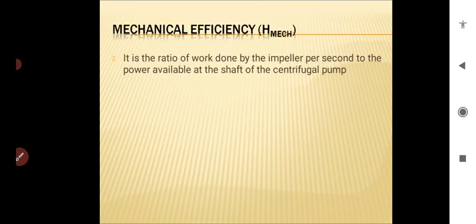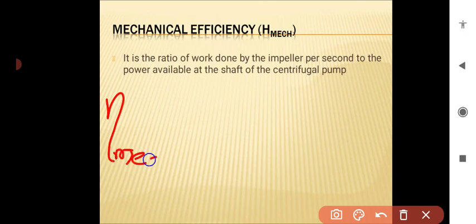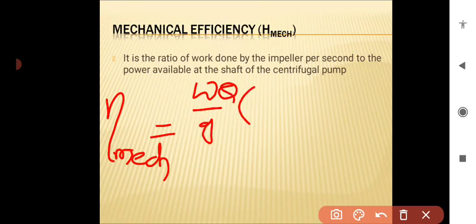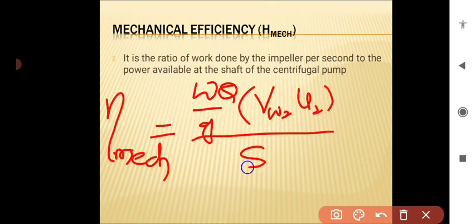And now mechanical efficiency. It is the ratio of work done by the impeller per second to the power available at the shaft of the centrifugal pump. Mathematically, mechanical efficiency is equal to WQ by g into VW2 U2 by shaft power.